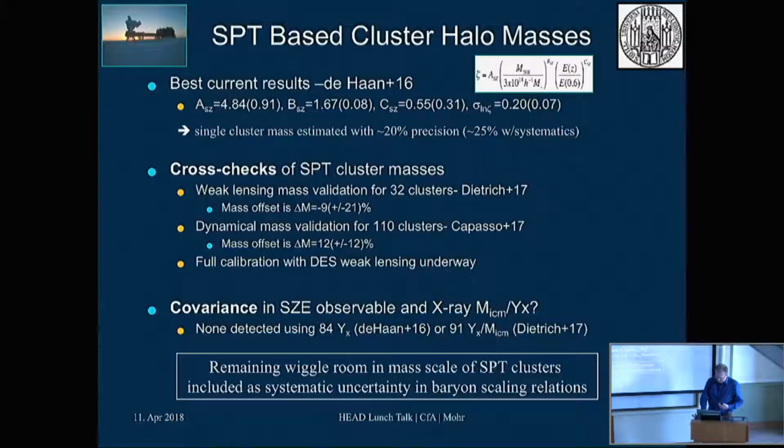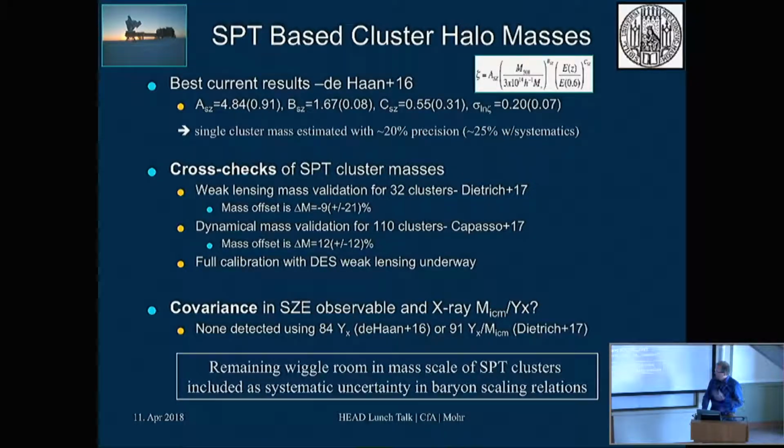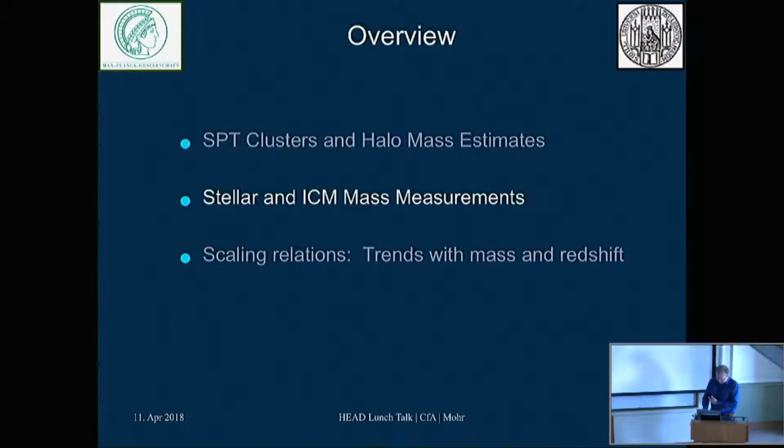That's helpful to us because we can estimate masses relatively accurately on a single cluster basis, which typically we couldn't do with just the weak lensing data on that cluster alone.